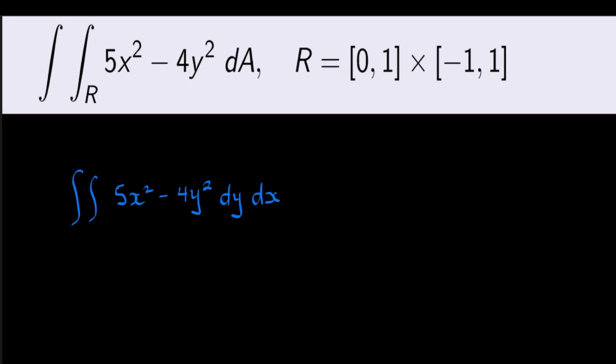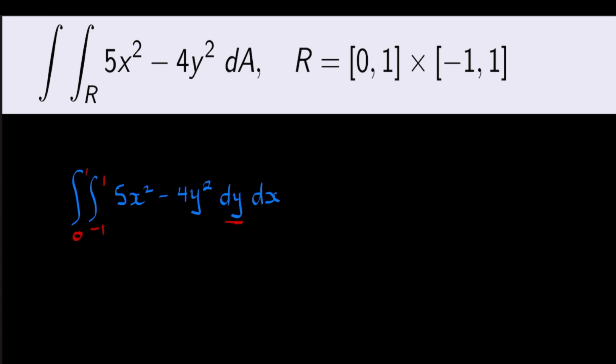The first step is to set up the double integration. So we will have the double integral of 5x squared minus 4y squared. So here we are integrating with respect to y first. So we are going to have here to be -1 to 1 and here will be 0 to 1.